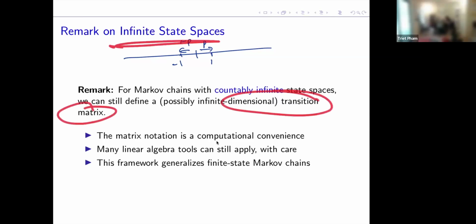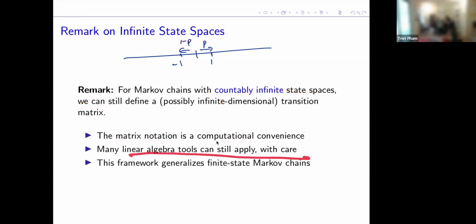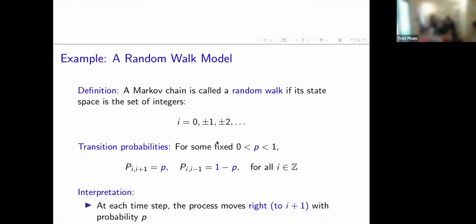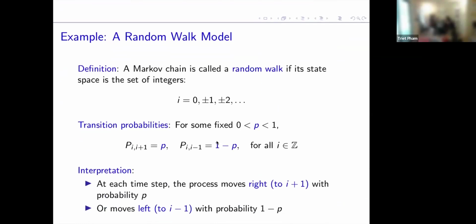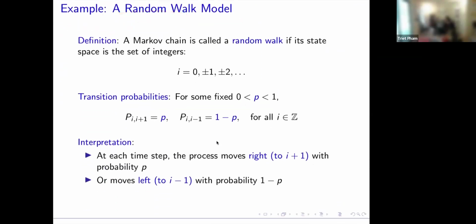That's all, so you're not weirded out by that. It's a computational convenience. You can still apply it, but you have to do it with care because there are convergence issues and whatnot. Usually when it comes to infinite state space, we write down explicitly an infinite sum. We don't use matrix notation as much, but we could at some point. We talked about this so much, not going to repeat.